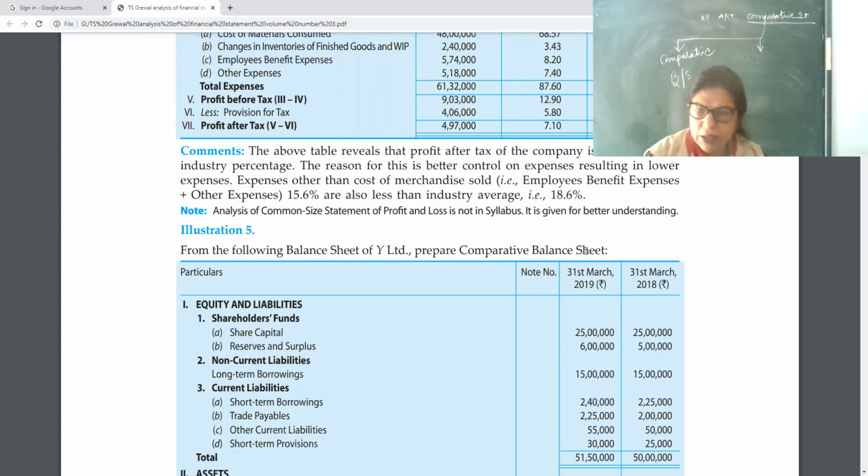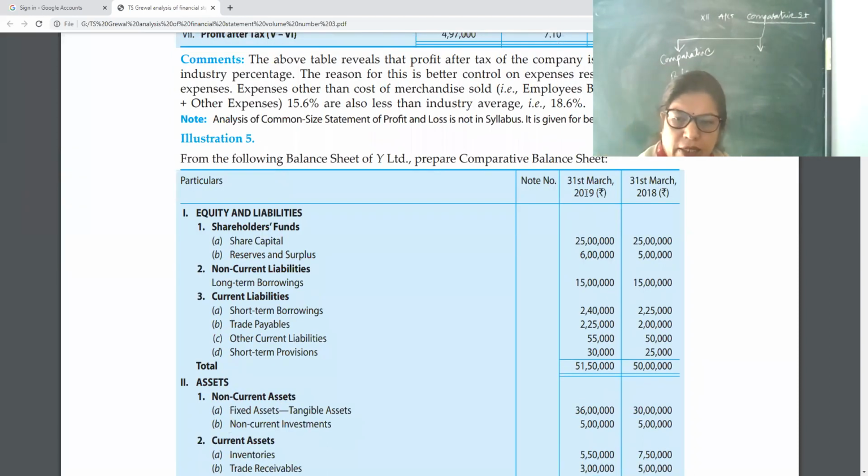Clear, the balance sheet is given. That's why I am telling you everything is given. You just have to compare. But while you are doing the comparison, be careful. See the previous year and current year carefully. So here in this question, 2018 is the previous year, 2019 is the current year. That is 25 lakh, 25 lakh, 5 lakh, 6 lakh, 15, 15, no change, 25, 25, no change.